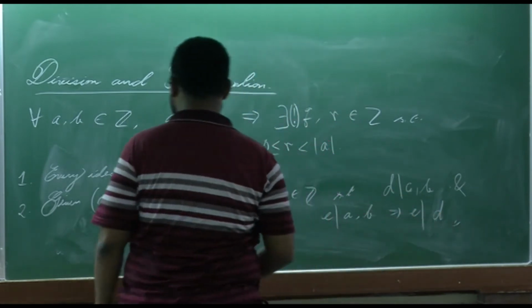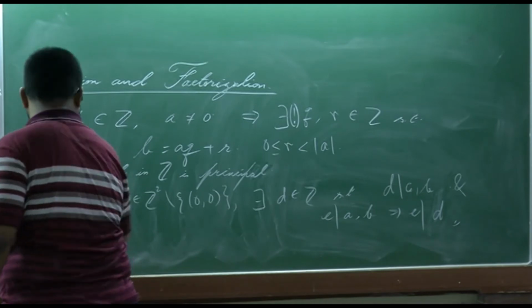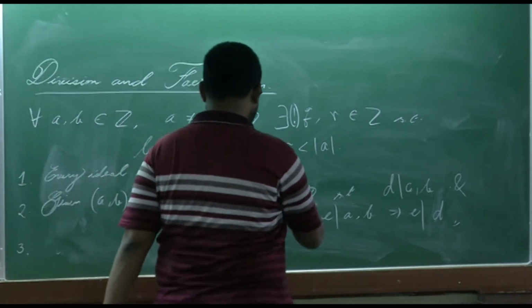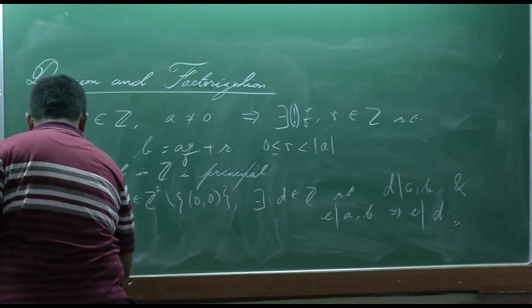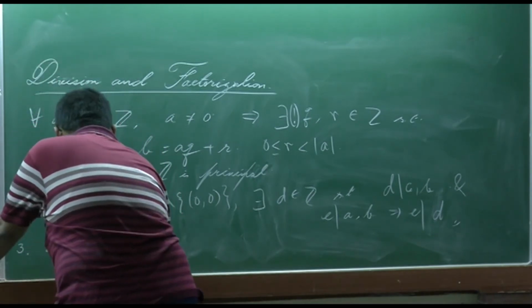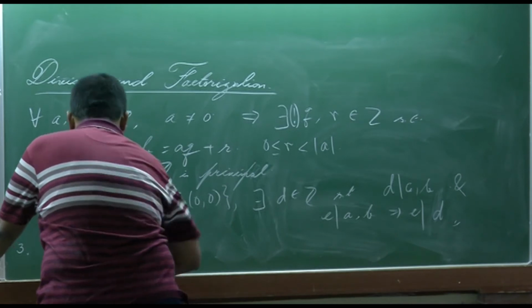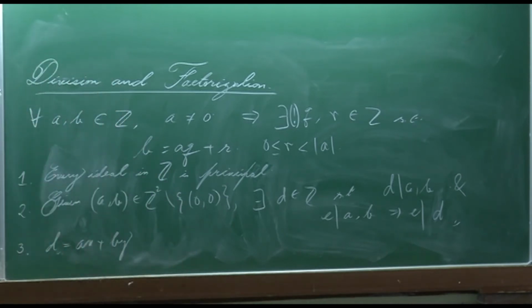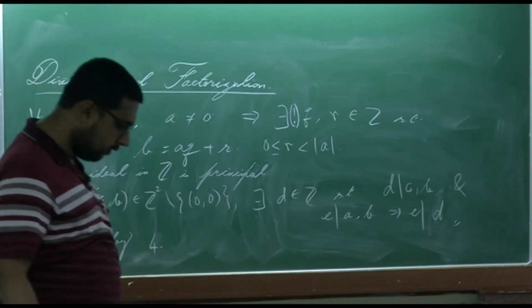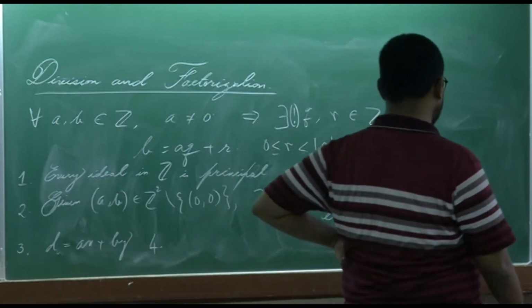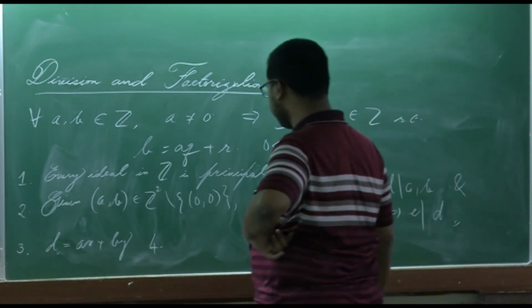Okay. And also we do have another property regarding D, let me directly write. It is of the form Ax plus By for integers x and y. Okay. Then what are other things we have seen?